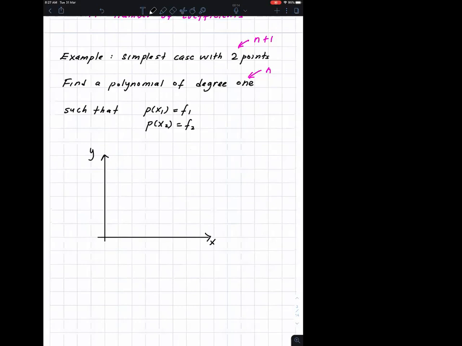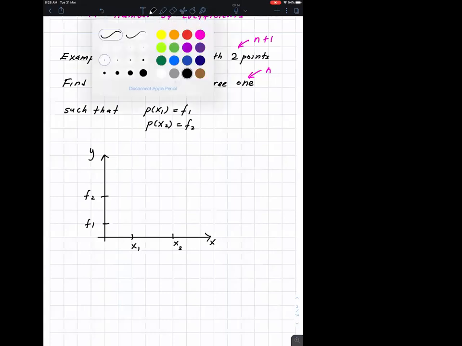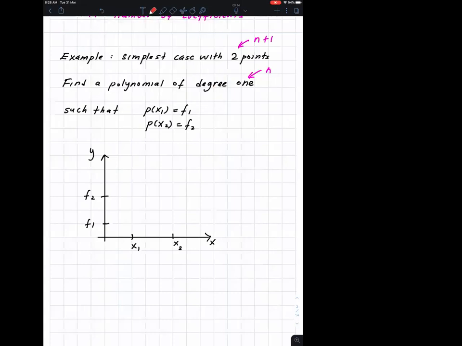Okay, let me plot these points. At x1, you have f1.